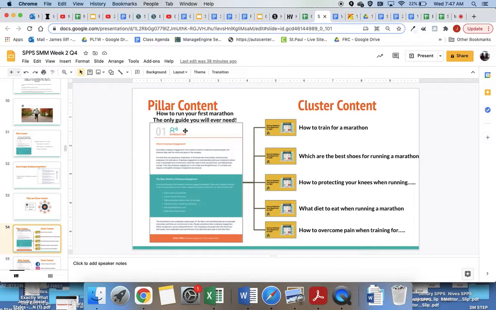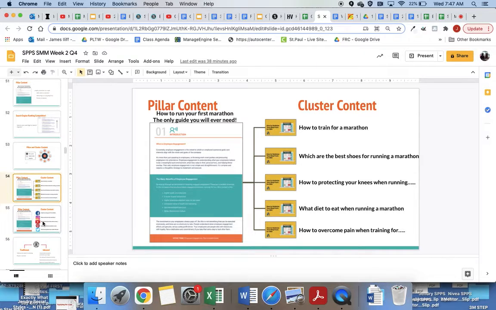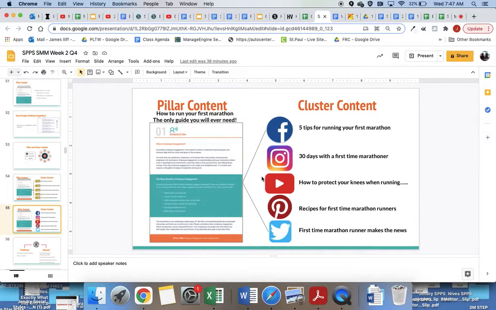So similarly, we have this pillar piece, and then we have all these cluster pieces. Now we're getting to social media marketing. Once you have your cluster pieces, you can advertise them on these different social media platforms. And again, the goal is to be found by your customer and solve their problem.